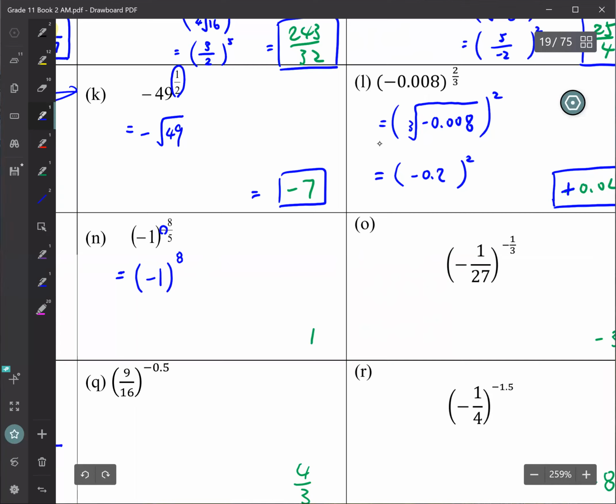Okay, so this is the only time when you flip, nothing changes. And then you can do fifth root to the 8. Fifth root of -1 is still -1, right? And then to the 8, if it's an even number, the negative will cancel out, right? So that gives you +1.